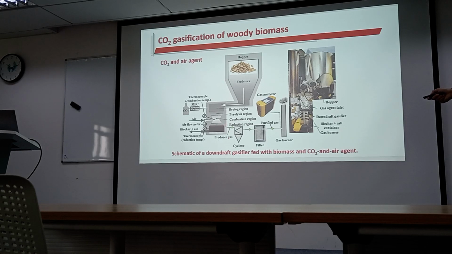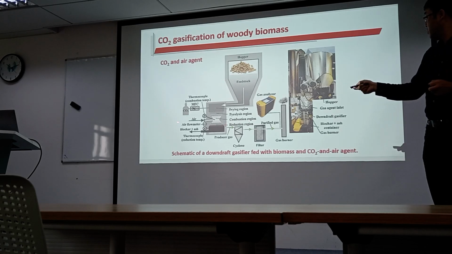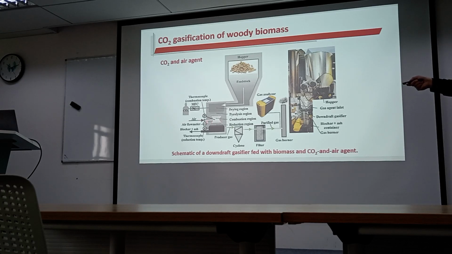The air will be injected from the combustion region, from this area. We can get the bottom ash as well as biochar from the bottom, and the gas will go through the cyclone to separate the particles and a filter to purify the gas further.